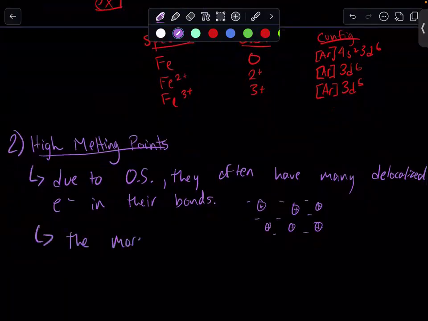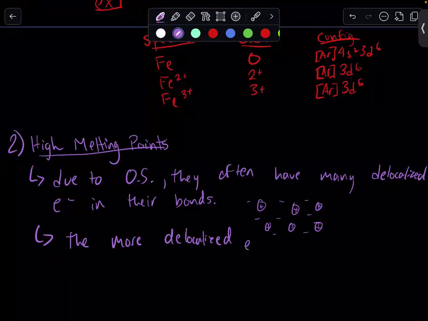The more delocalized electrons, which again are these guys, the stronger the bonds between atoms.